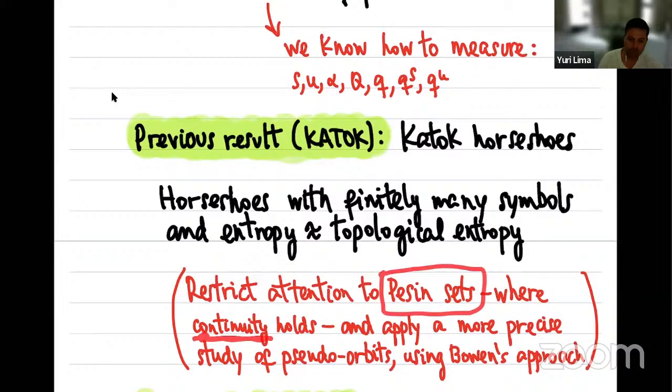This is a sort of application of Lusin's theorem. If you have something that's measurable, then it's basically continuous on sets of large measure. So you can restrict your attention to these large sets in which continuity holds, and once continuity holds, then you are in a good shape to apply exactly the notion of pseudo orbits.